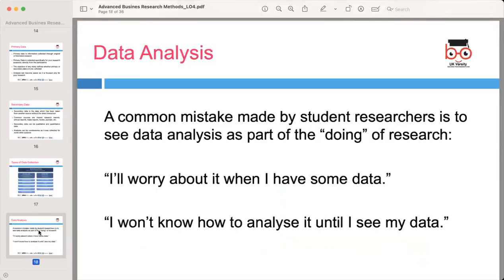And then next is data analysis. A common mistake made by student researchers is to see data analysis as part of the doing of research. I'll worry about it when I have some data. I won't know how to analyze it until I see my data.